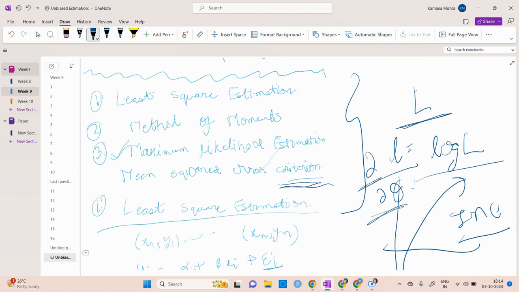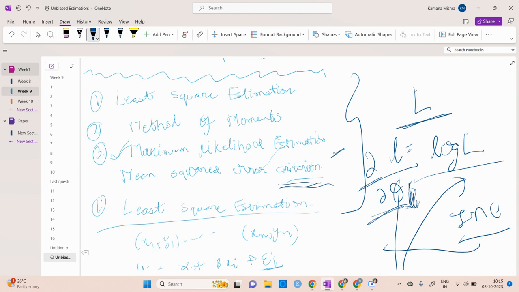Let's say theta 1 is the mean and theta 2 is the variance for a normal distribution, or maybe theta is just lambda for an exponential or Poisson distribution. This is how we find maximum likelihood estimation.